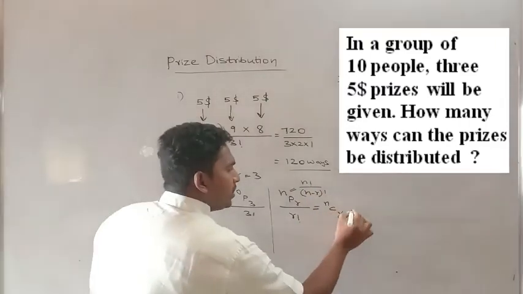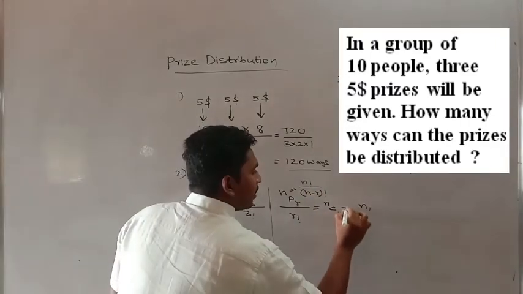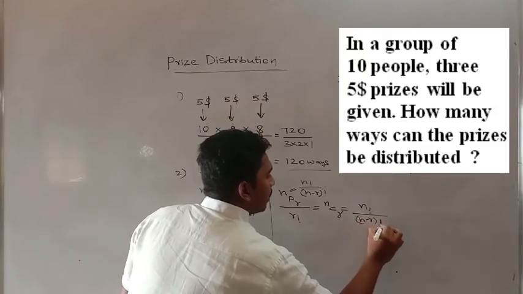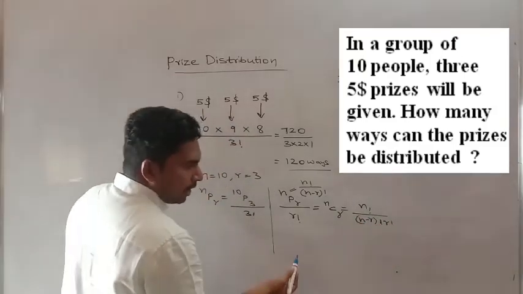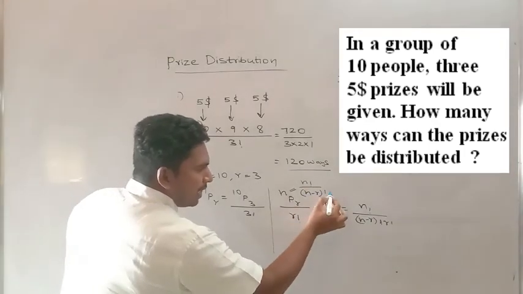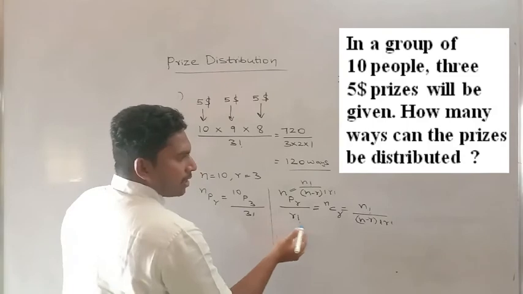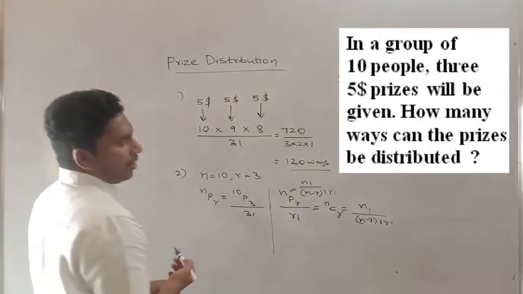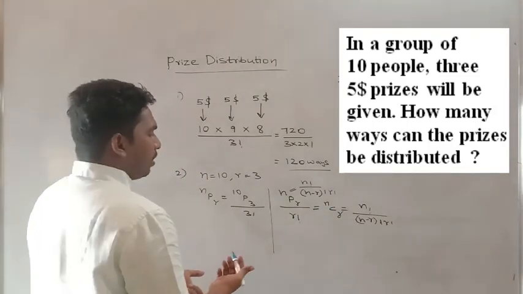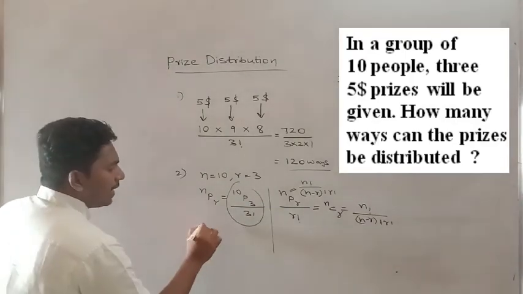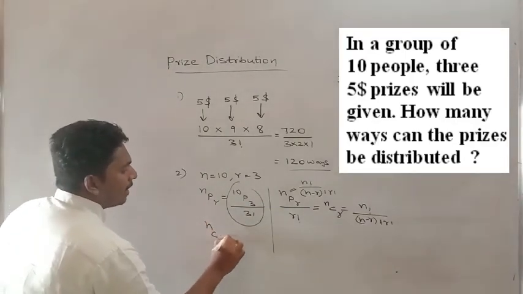And how about this? n factorial by n minus r factorial into r factorial. So if the denominator is multiplied by r factorial, then that will become nCr, that is the combination itself. So instead of writing like this, we are writing nCr directly.